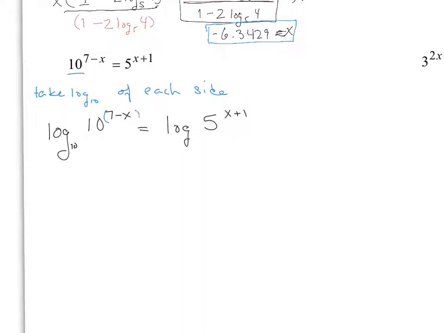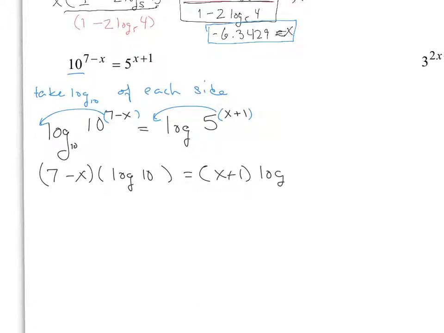I take my exponents for both of these and bring them out front, remembering to keep them in parentheses at first. So I have 7 minus x times log of 10 is equal to x plus 1 times log of 5. Again, that base 10 is understood when it is not written.